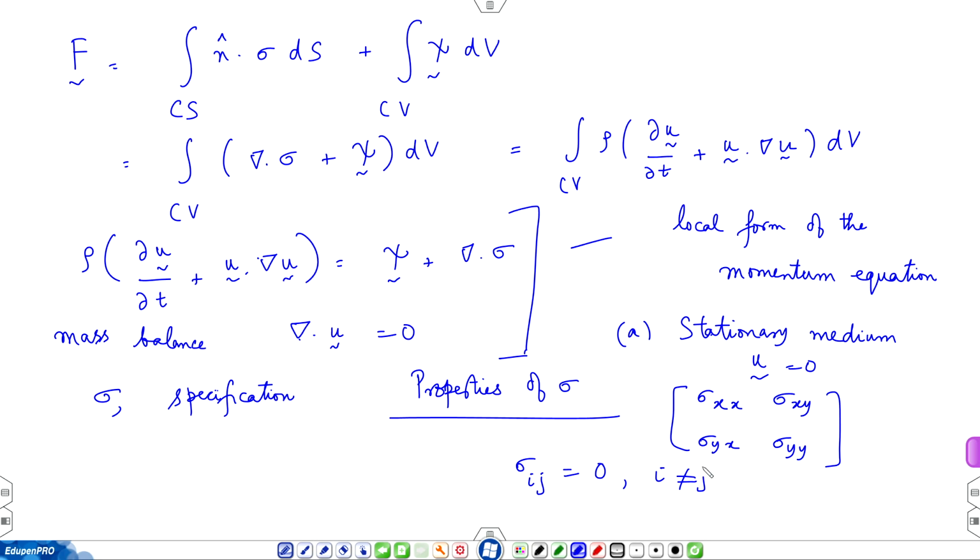Pressure in the medium, the normal stresses with a negative sign. The normal stresses will appear as pressure in the fluid medium. Okay. So, sigma_ii will be equal to minus P. So, we will continue with this discussion on Friday on stresses.